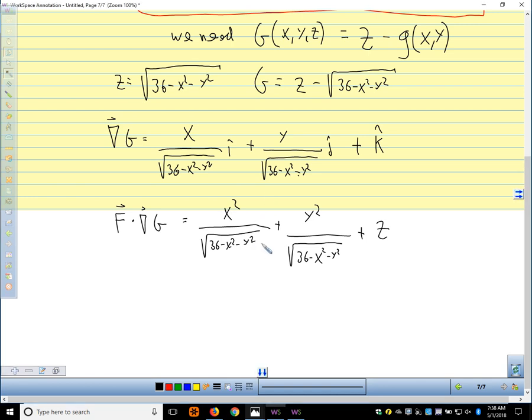Those quantities, x squared plus y squared, are nice. But we want to set up a double integral in the xy plane, and I have the z here. Full circle.